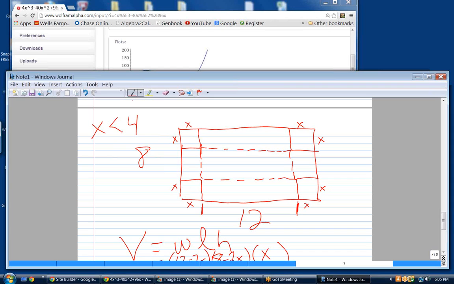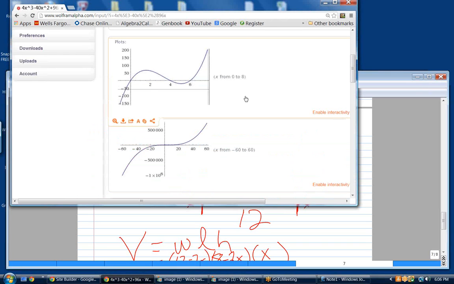Okay? So I know I'm only looking for a maximum of the volume. In other words, if I look at this picture, where does my maximum occur? Well, over here, right? But notice that x is greater than 6 over there.